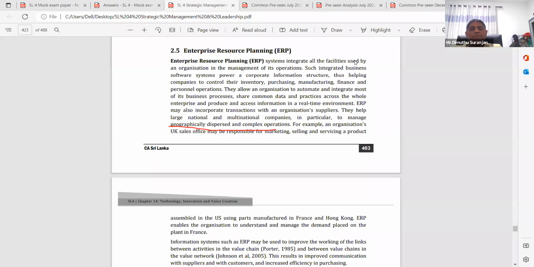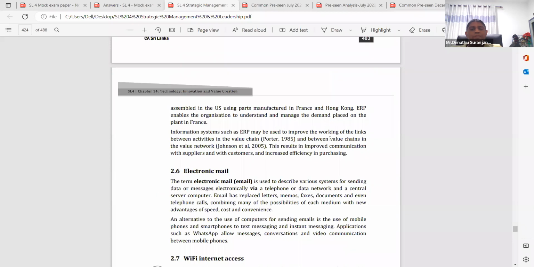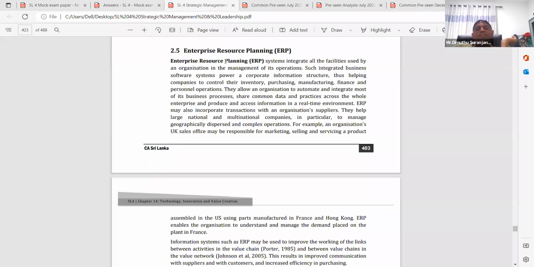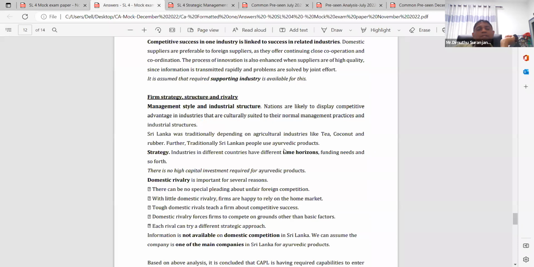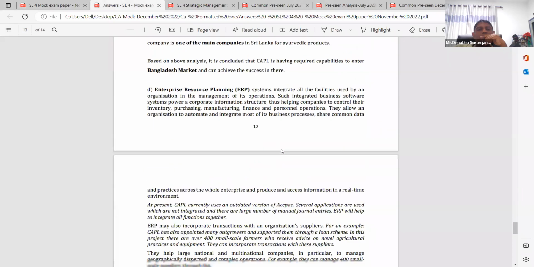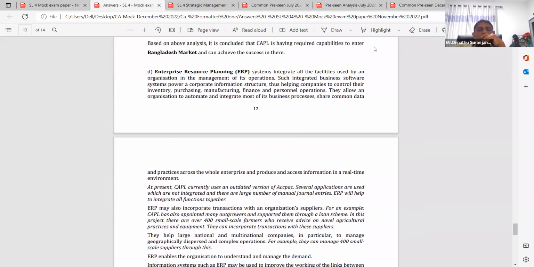Some examples on that have been given. So it helps to improve the working of the link between every part of the value chain. So there are certain points. We'll see what he's telling here. See, this is extracted from the theory part. Right?